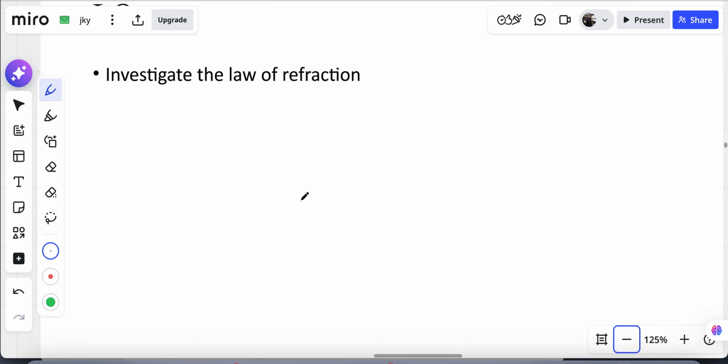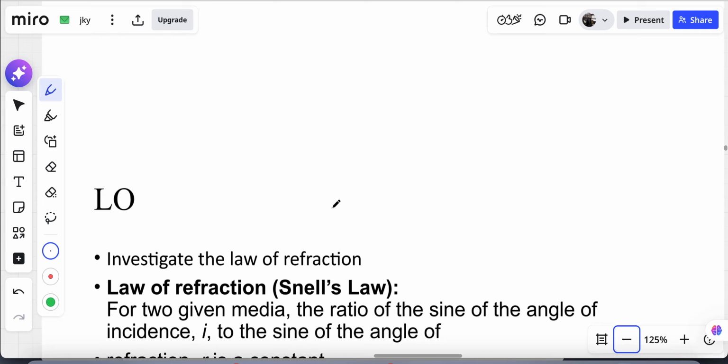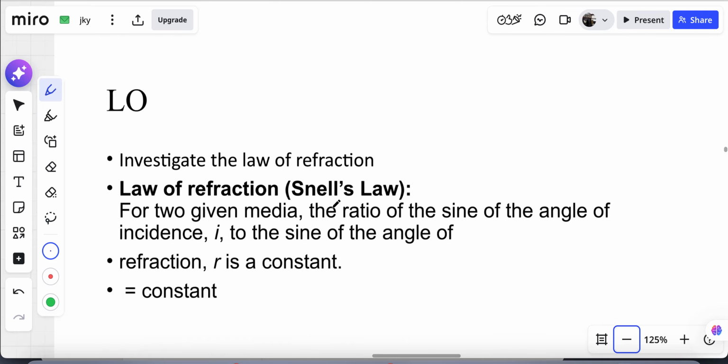Okay, so let's see the first learning objective. The first one is to investigate the law of refraction. Now, the law of refraction is called Snell's law, which is equal to the refractive index. This is the symbol for refractive index. It is sine i over sine r. The sine of the incident angle.